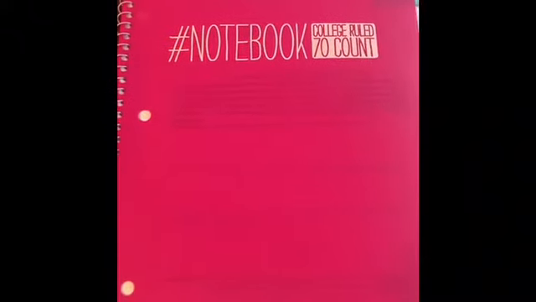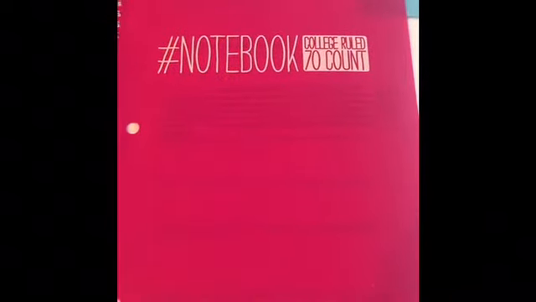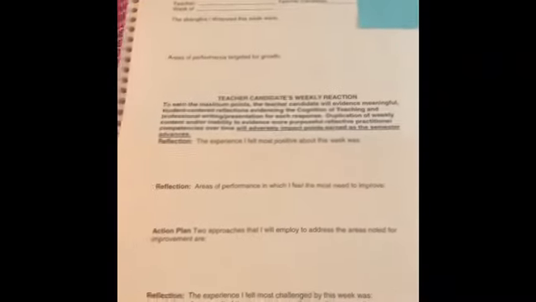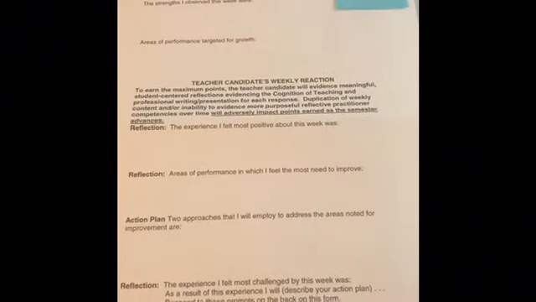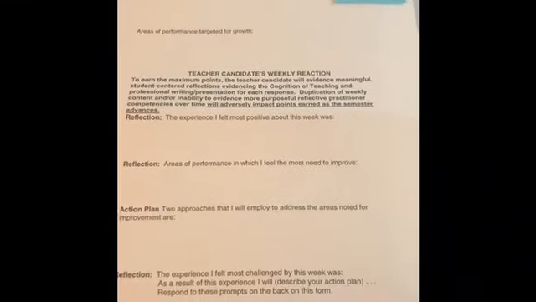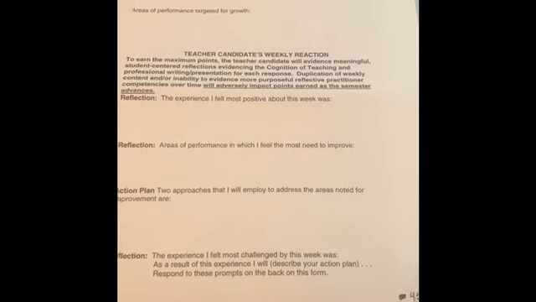Within your forms notebook, you'll have an additional spiral bound notebook where you are going to keep your CT weekly reaction. So if you have a pocket folder within your notebook, that's great. You could go ahead and just make 16 copies if you'd like, or you and your cooperating teacher can fill this out electronically if you would like.